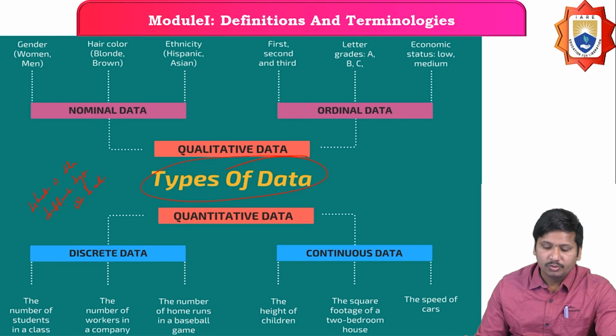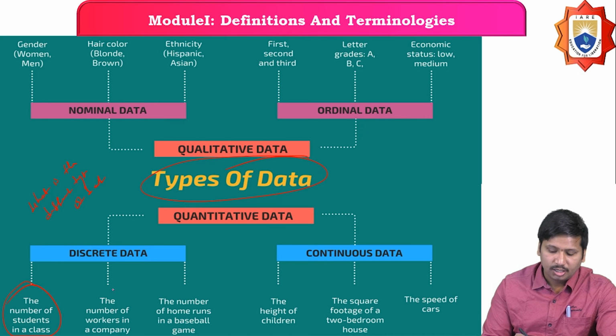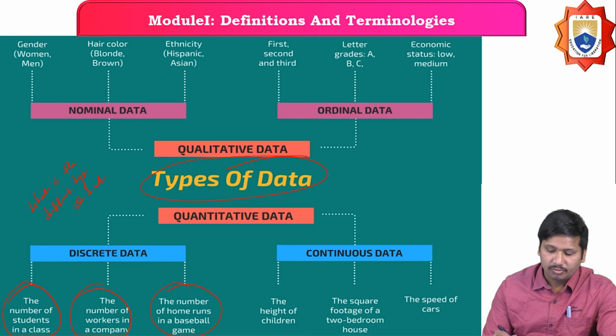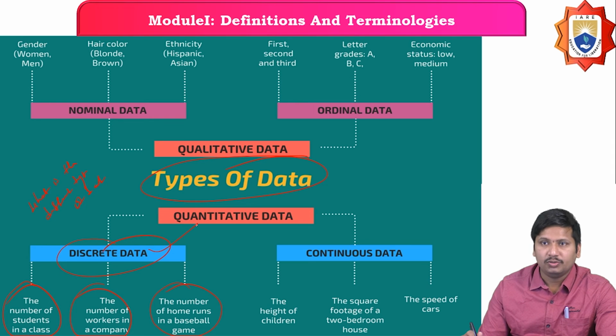Then quantitative data is again of two types: discrete data and continuous data. Discrete data means, for example, the number of students in a class, the number of workers in a company, and the number of home runs in a baseball game. These are some examples of discrete data, which comes under quantitative data.